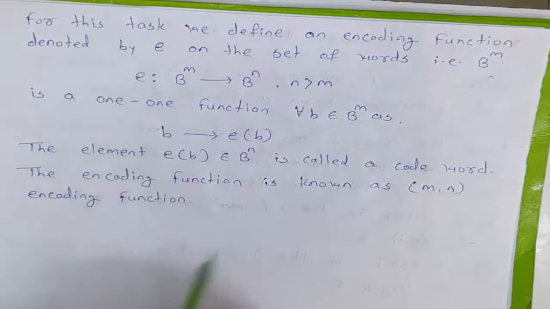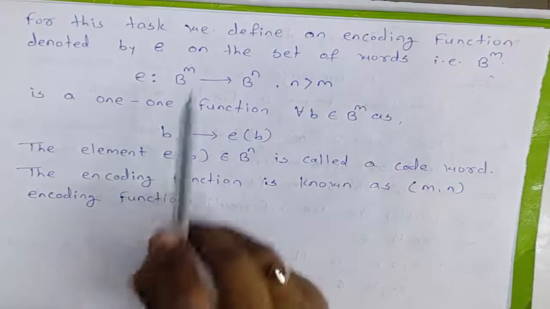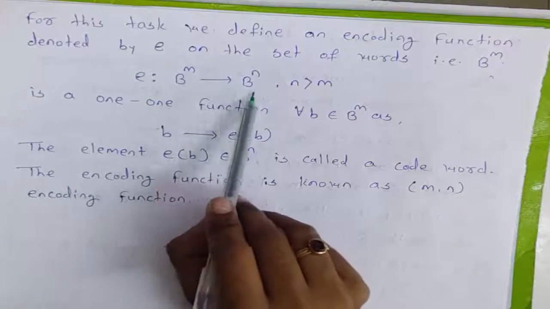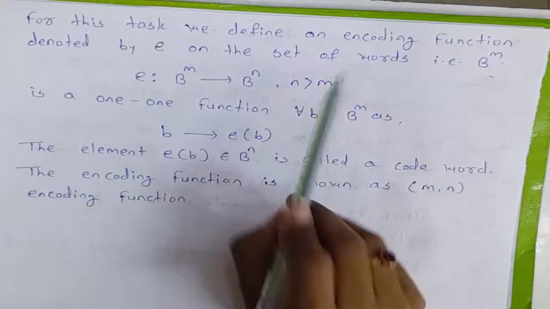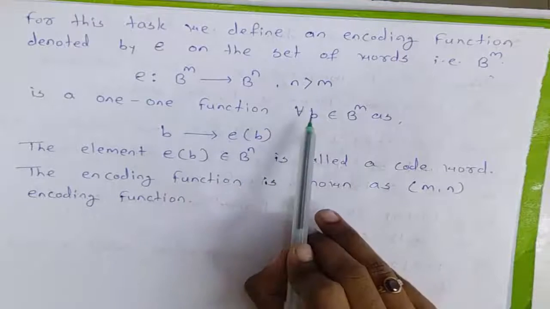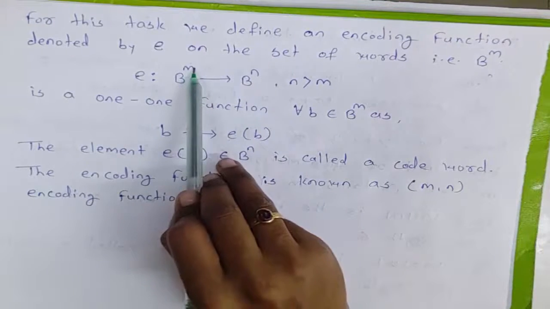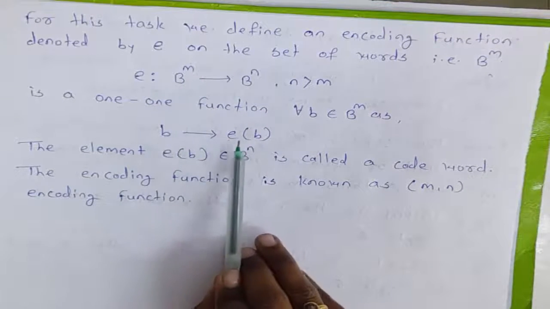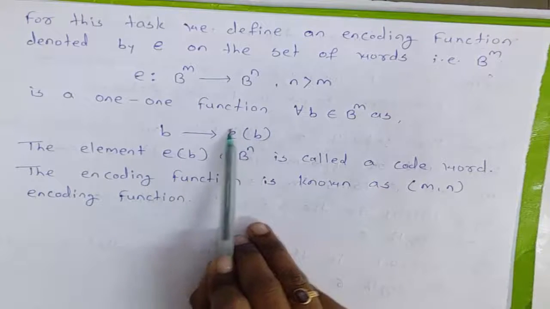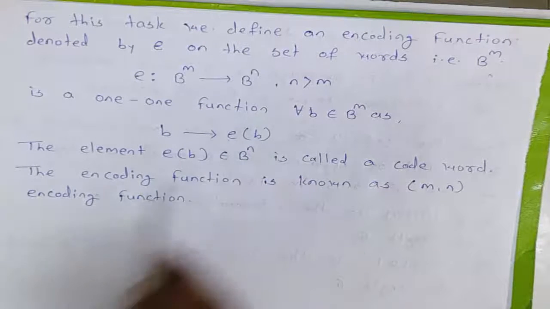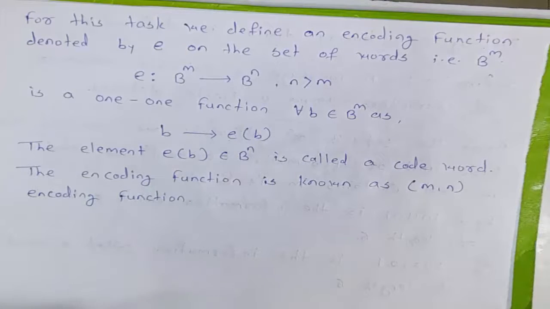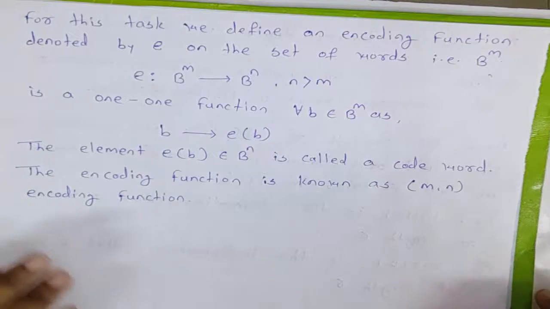So here is the definition of the encoding function: E from B raised to m to B raised to n, n greater than m, is a 1-1 function that takes b belonging to B raised to m to E of b, and this E of b belongs to B raised to n and is called the code word. Okay, so all of you get it, the encoding function?